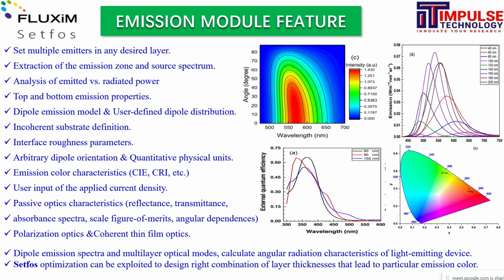Along with that, you can extract the emission zone, source spectrum, electroluminescence, photoluminescence, emitted or radiated powers, top and bottom emission properties, dipole emission model, user defined dipole distribution parameter, coherent, incoherent, interface roughness parameters, dipole orientation, CIE color diagram, emission color characteristics, chromaticity and CRI etc.